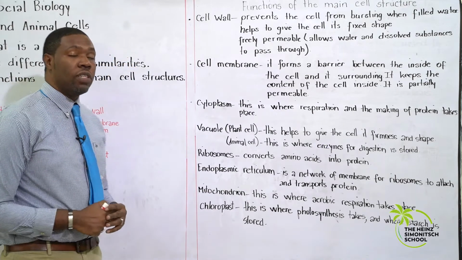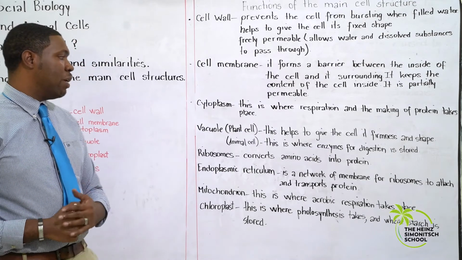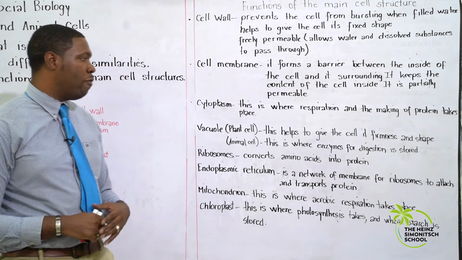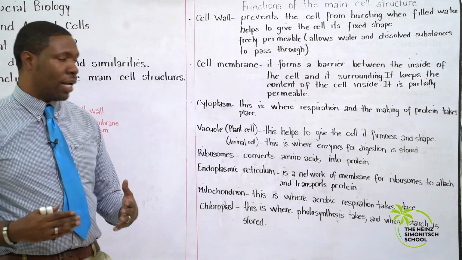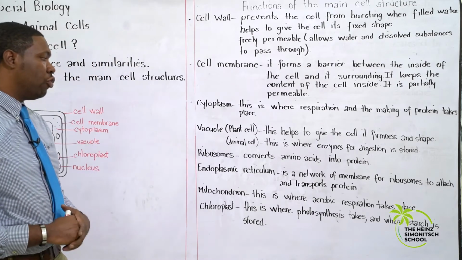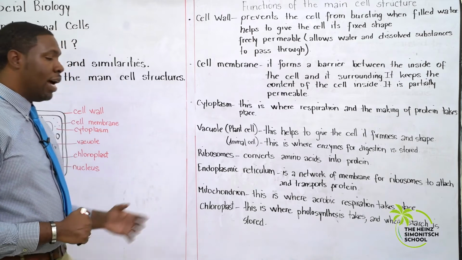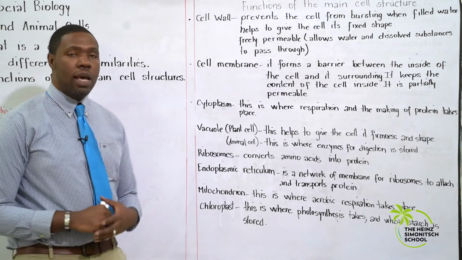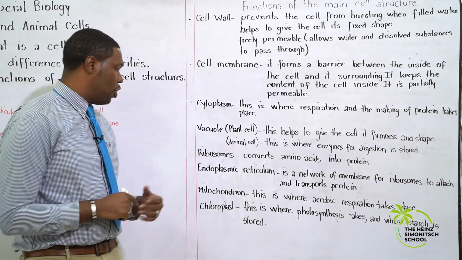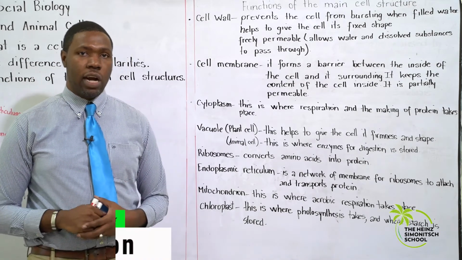The ribosomes convert amino acids to protein, and the endoplasmic reticulum is a network of membrane for the ribosomes to attach to and to transport protein. The mitochondrion is where aerobic respiration takes place. And last but not least, in the plant cell, the chloroplast is where photosynthesis takes place and where starch is stored.